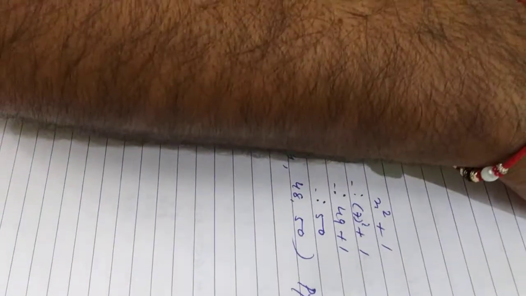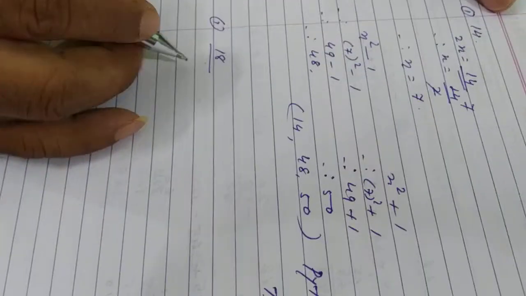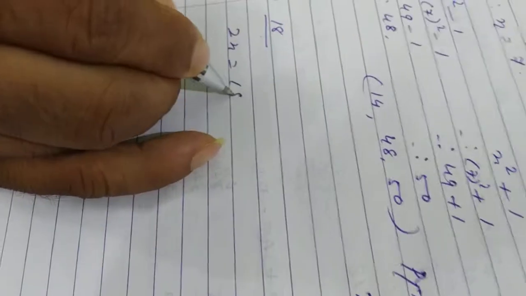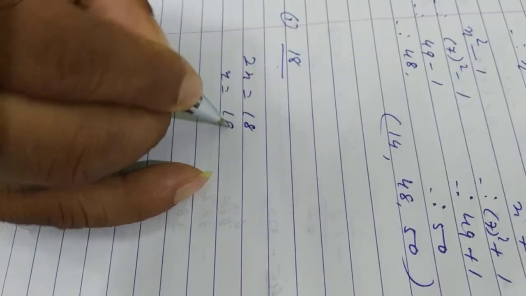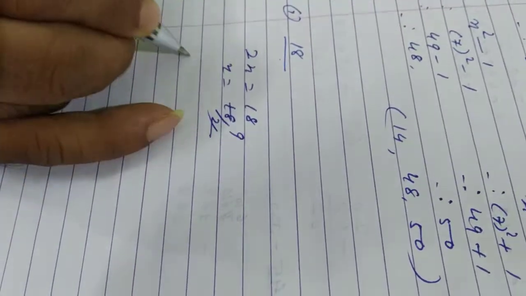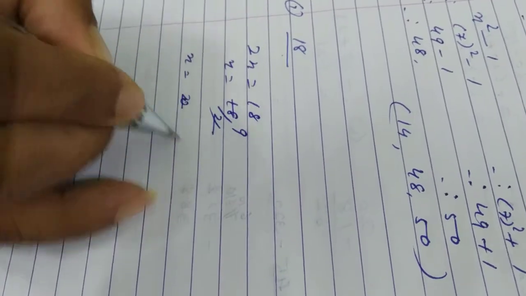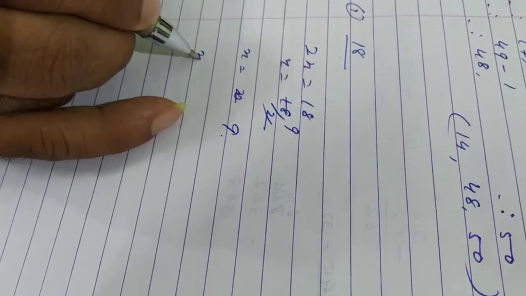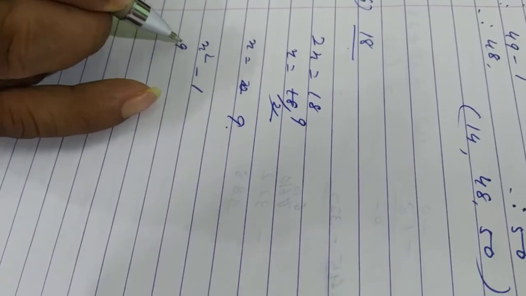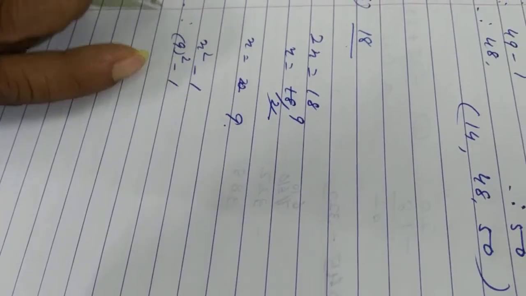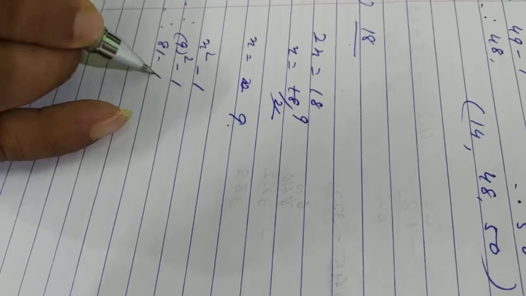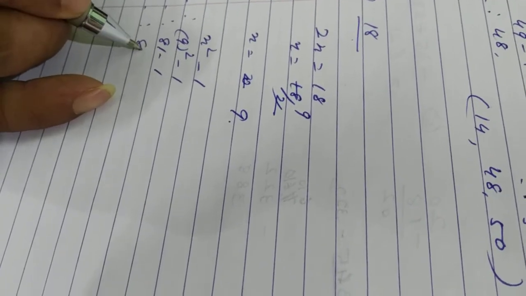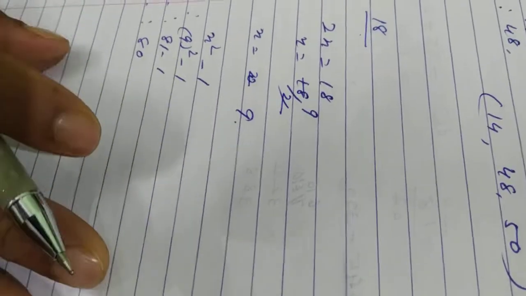Understood? Now, next one, 16 and 18. So we'll explain the last one, about 18. Now, 2n is equal to 18. So, n is equal to 18 upon 2. Two 9s are 18, so n is equal to 9. Now, another side, n square minus 1. So, 9 square minus 1. Nine 9s are 81, minus 1, so 80, right?